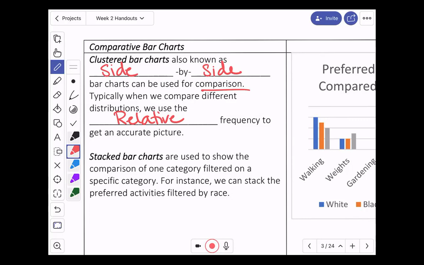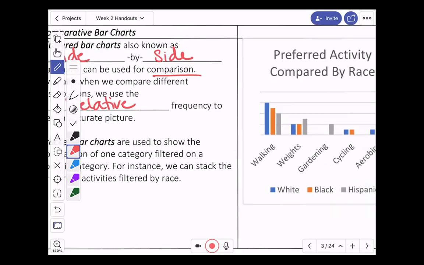In this particular case, we have the same amount of blacks, Hispanics, and whites, so we could just use frequency. But most of the time you have a different number of blacks, whites, or Hispanics. If one group is way bigger than the other, no matter how you compare it, the counts will always look bigger. So we always want to use the relative frequency, the frequency with respect to the total.